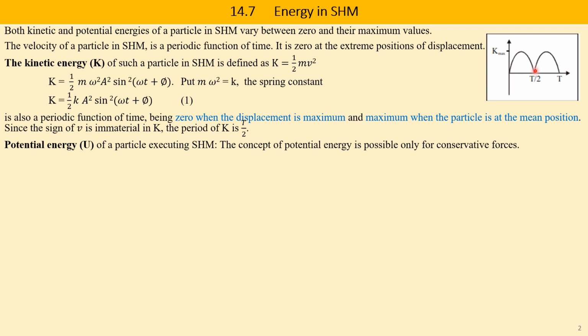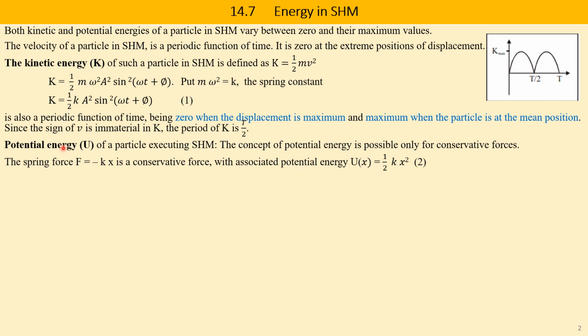So at these points 1, 2, 3, displacement is maximum, but kinetic energy is 0. And kinetic energy is maximum at the mean position. Since the sign of v is immaterial in kinetic energy, the period of kinetic energy is T by 2 as shown in the graph on the screen.